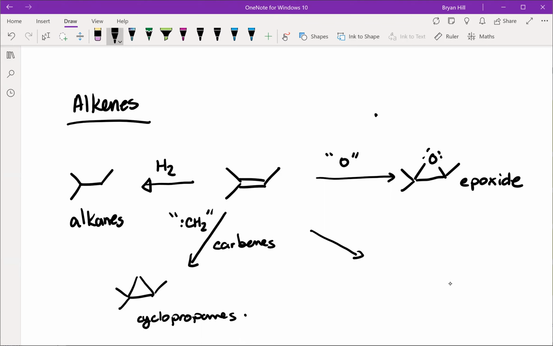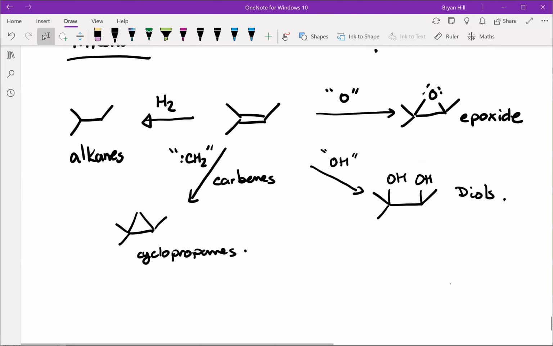Then we are going to add OH across two carbons to make what we would call diols. And what else are we going to do?